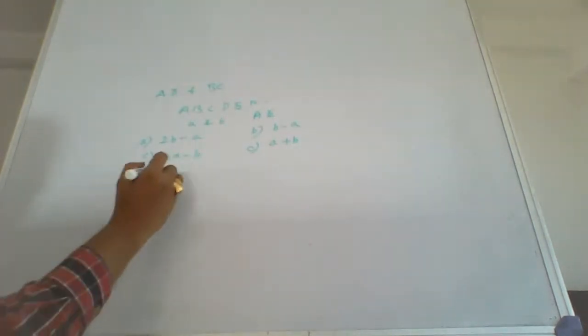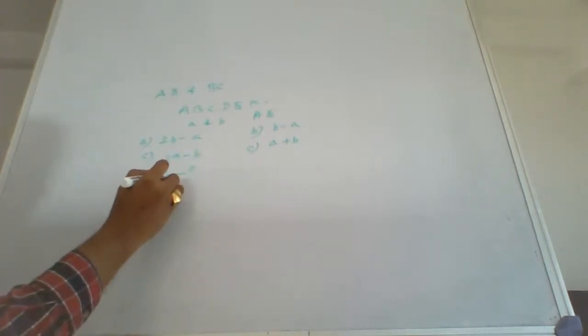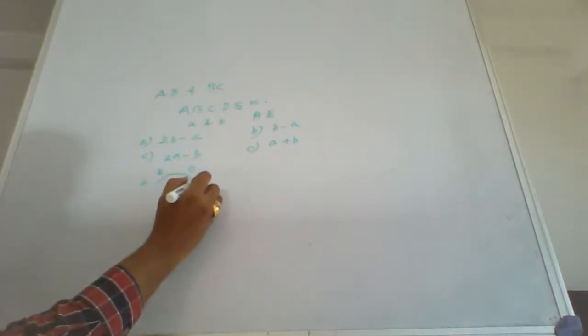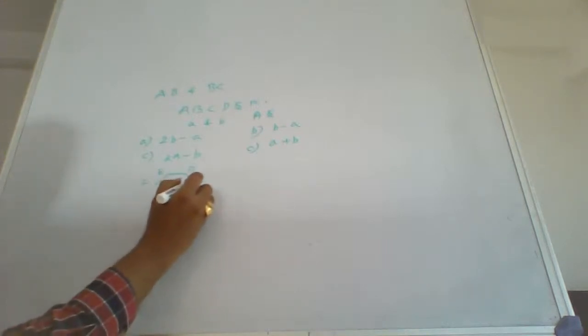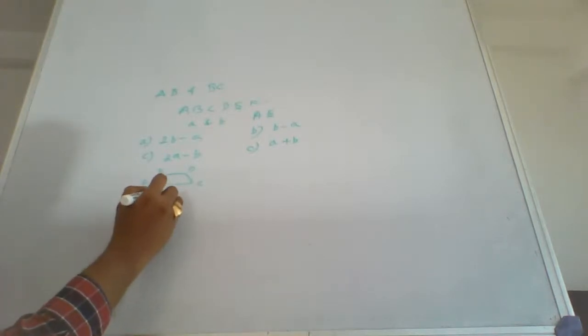Let me draw the hexagon. If we consider this as one side, and this as F, and this will be C, I have one more side like this.